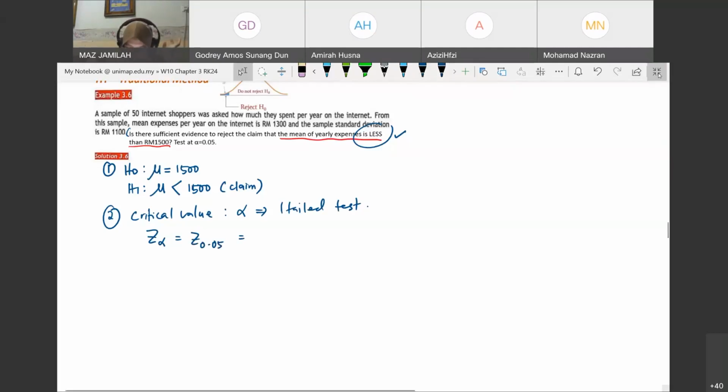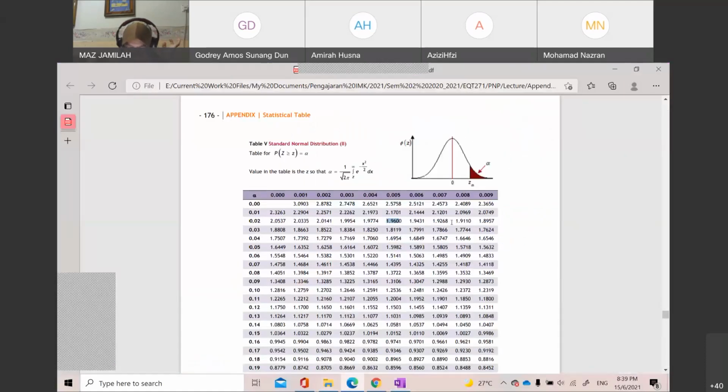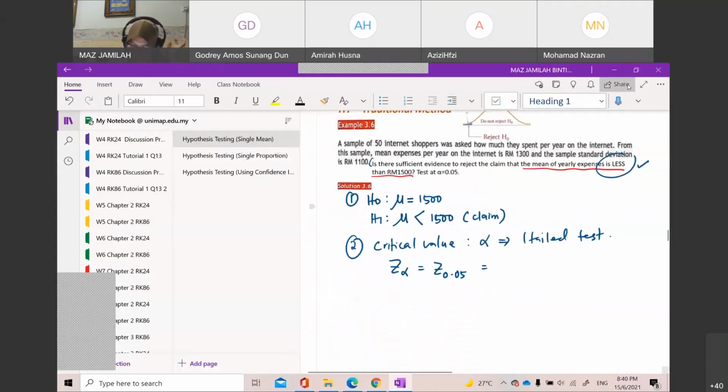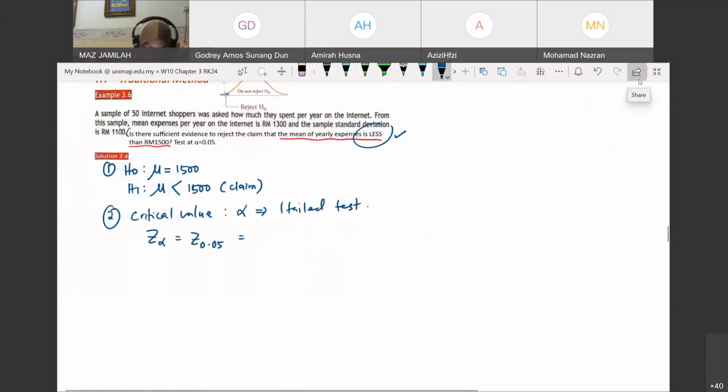If you look at your standard normal table for 0.05, you will have 1.6449. Class, should it be positive or negative? Negative. Negative, why?